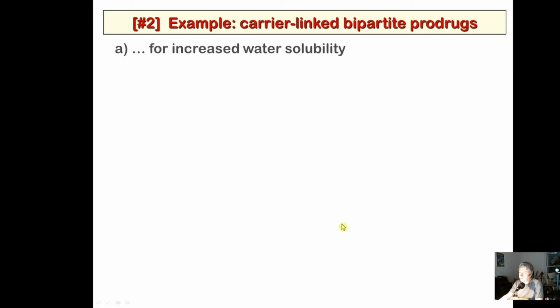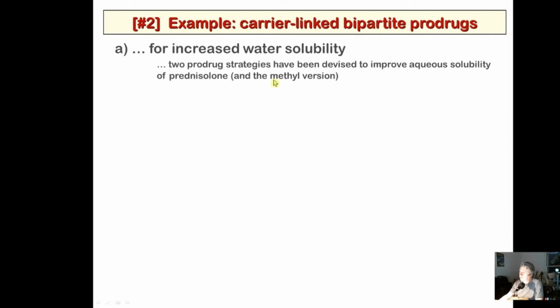Okay, so in this case for water solubility, let's talk about these prednisolone derivatives again. So there's two prodrug strategies that were devised, and let's talk about them both. Attachment of a succinate group, which is an ester that can be cleaved pretty readily, and also attachment of a phosphate group.